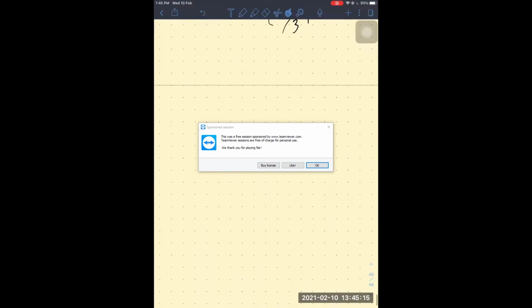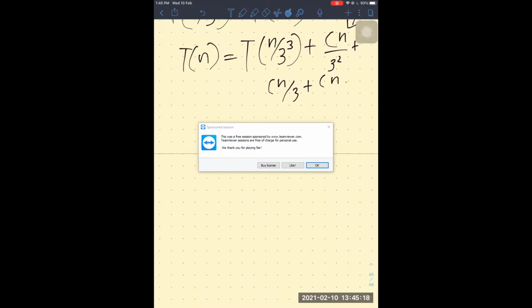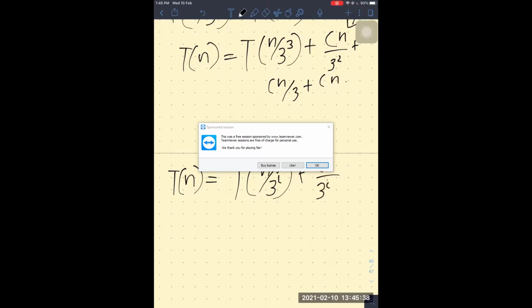So then we'll get one equation like that. And then the general term will be T of n is equal to T of n divided by 3 to the power i, plus cn divided by 3 to the power i minus 1, plus c of n divided by 3 to the power i minus 2, plus all the way to c of n divided by 3.